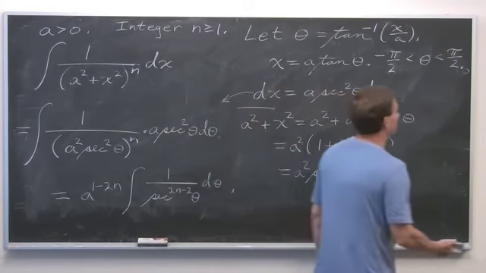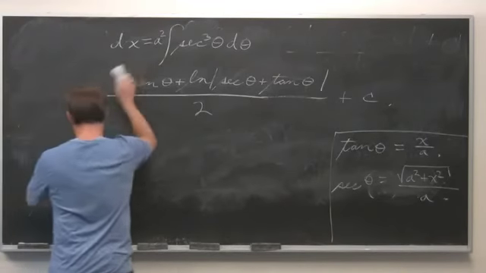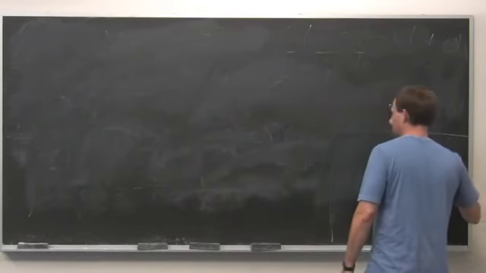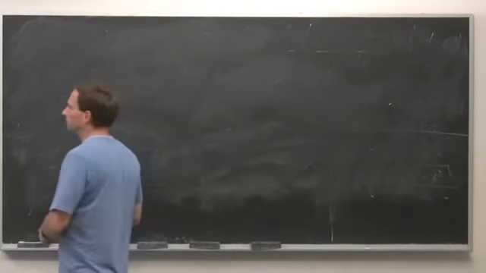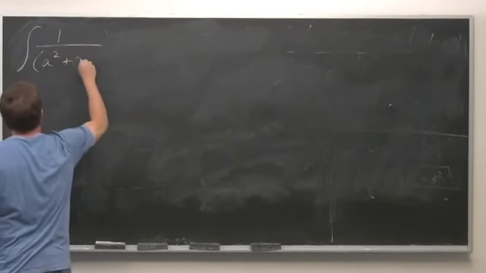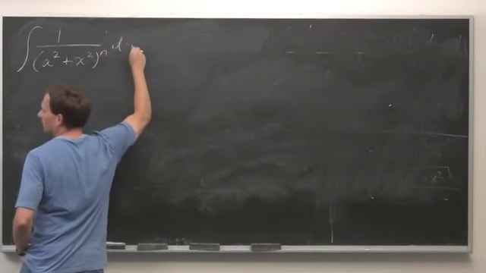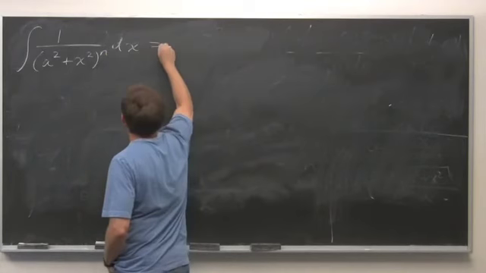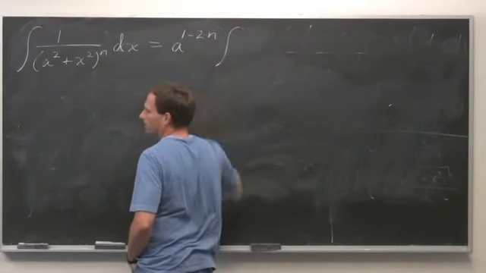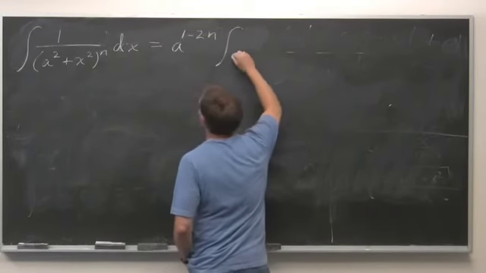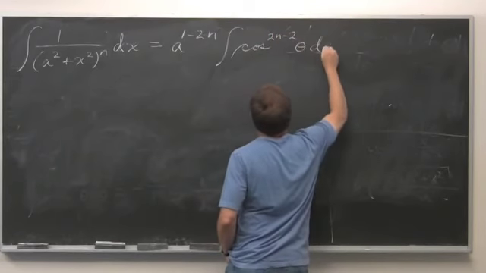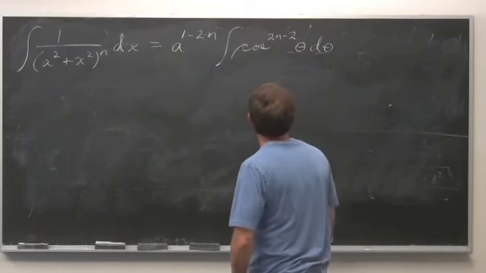So what we get: the integral of 1 over (a squared plus x squared) to the n dx is a to the 1 minus 2n times the integral of cosine to the 2n minus 2 theta d theta. All right, this is what we get.